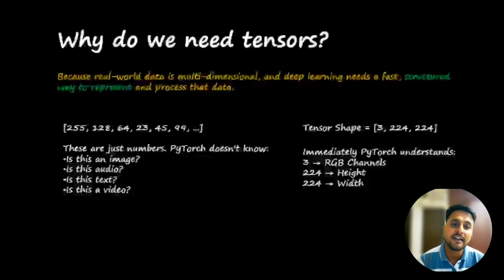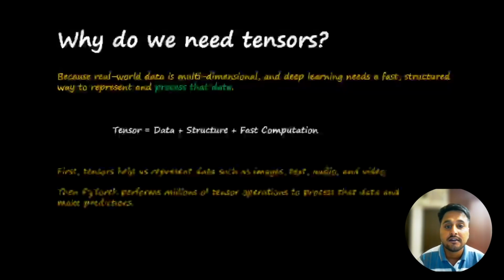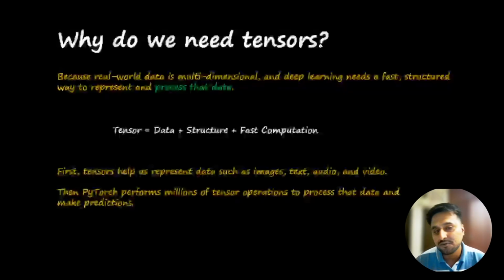First, tensors help us represent data, image, text, audio, video, in a structured way. Then PyTorch performs millions of tensor operations on those tensors to process the data and make predictions: representation, then computation. Data alone is useless.